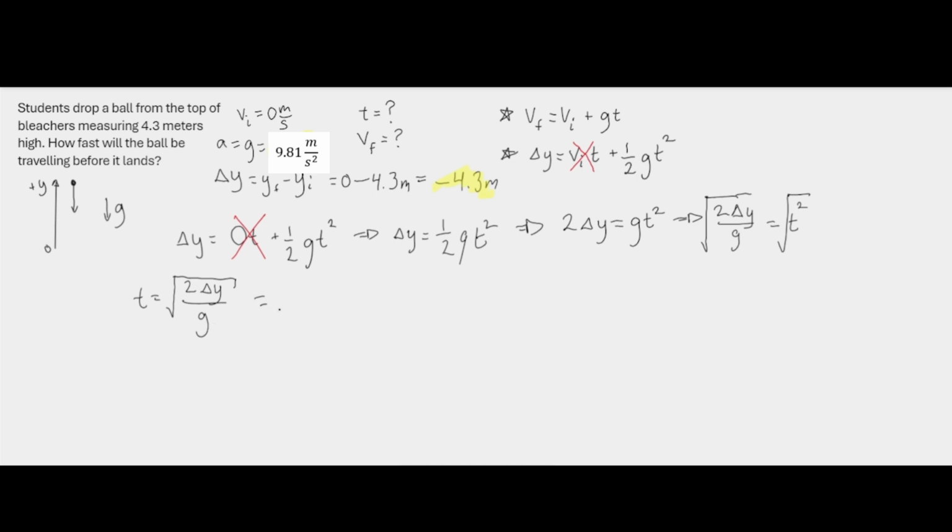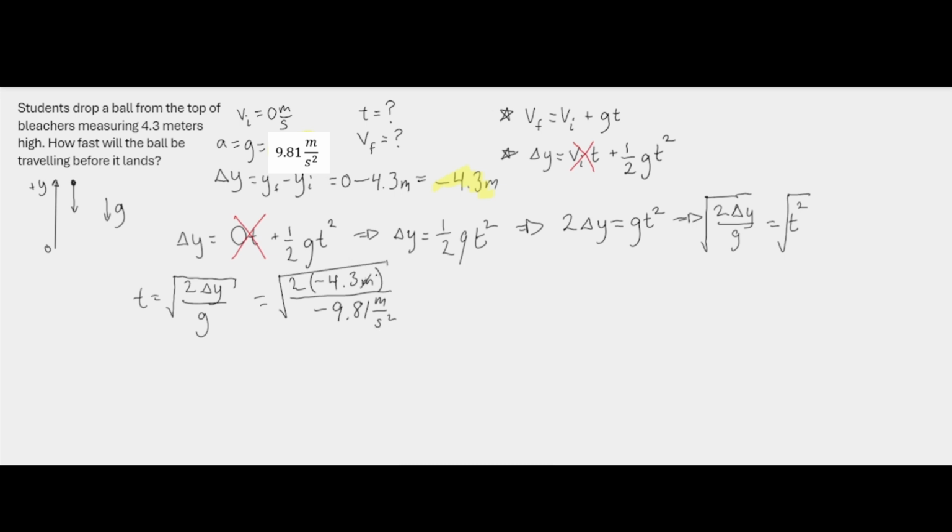And when I put those values in, I have 2 times my delta y, which is negative 4.3 meters, and my g is negative 9.81 meters per second squared.